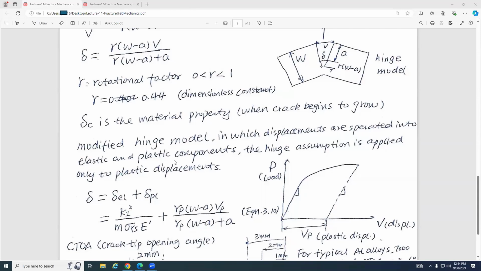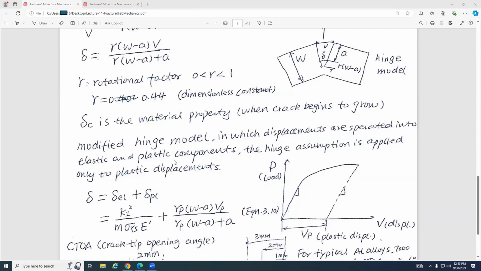But this V is decomposed into the V here, and V equals V elastic plus V plastic. So that's the reason why I have r(W minus a), r(W minus a) plus a. Here is a VP, and this VP means the plastic deformation.